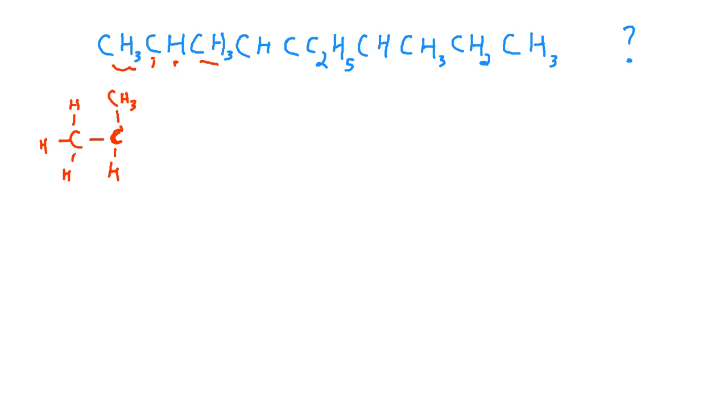Now we have a C with an H, right? Then what? Now we have another C, right? And then we've got a C with the H. Now we've got this C. Now we've got a C2H5.